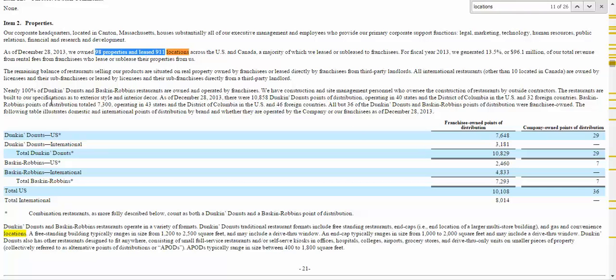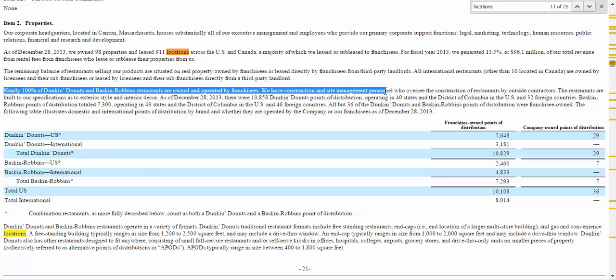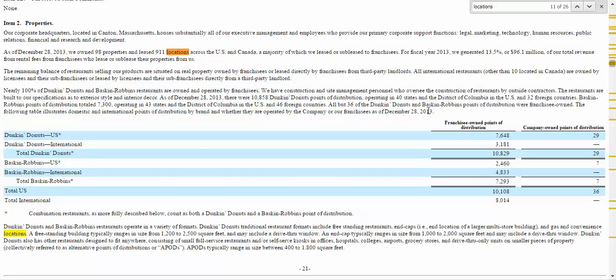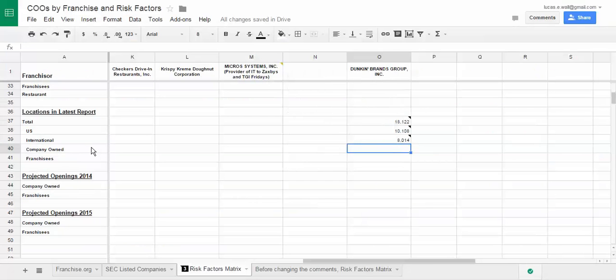If you read this paragraph carefully, there doesn't seem to be much more information regarding how many restaurants they operate directly and how many they franchise. So all we're going to try to do is say that how many they directly manage is 98 plus 911. We're going to put that information as company managed, let's say, and not owned.